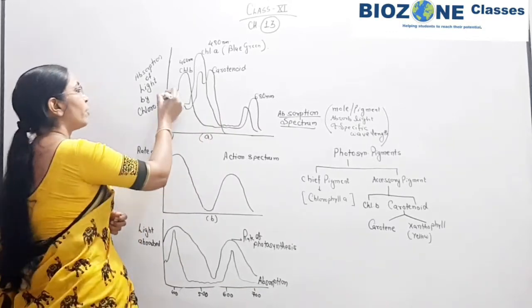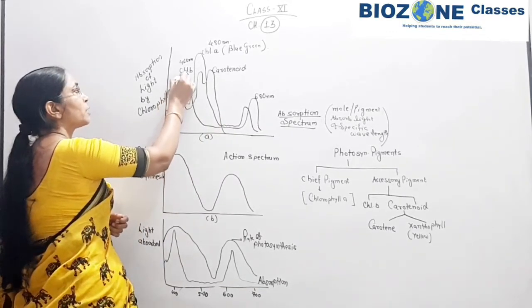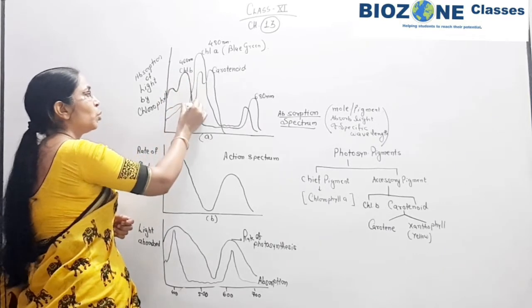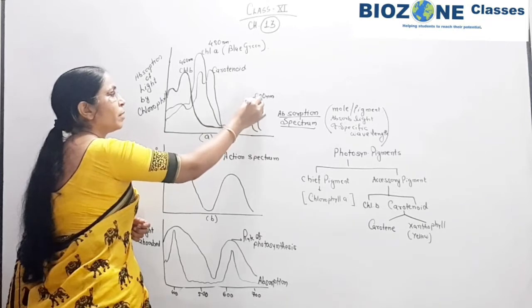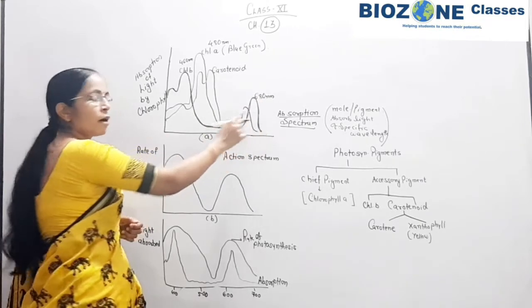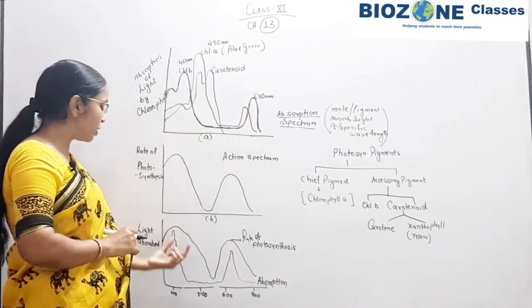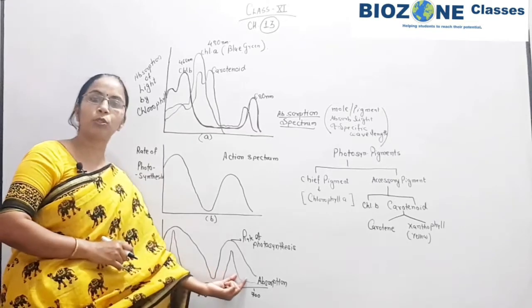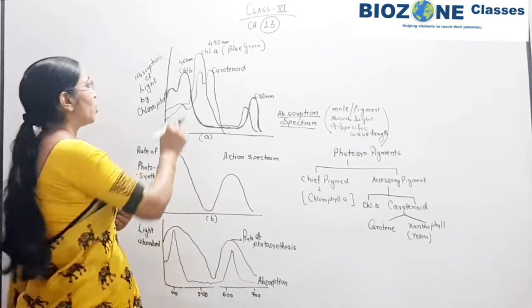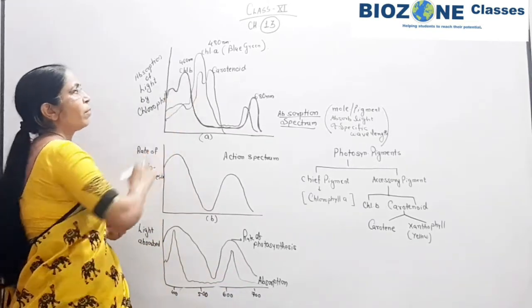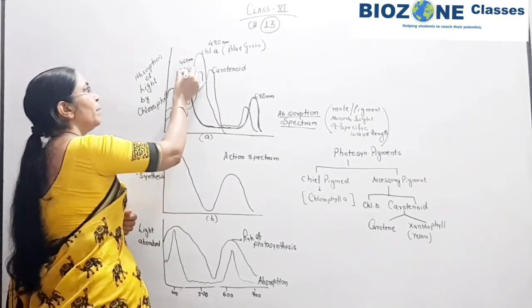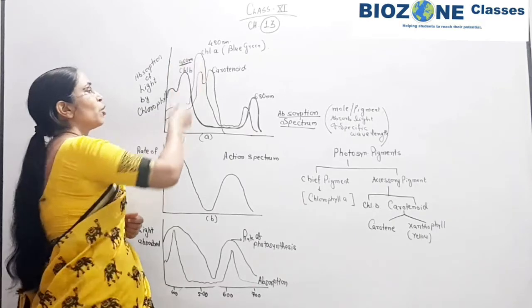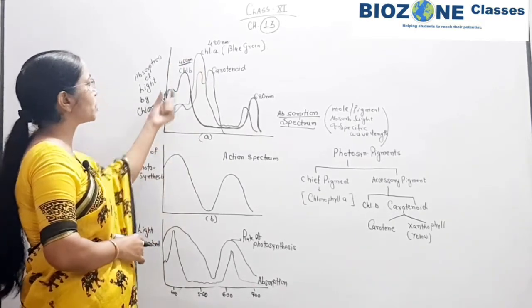One graph here you study is the graph where two peaks clearly appear, and these are the peaks which also appear in the C diagram. These peaks are for the chlorophyll B molecule, and chlorophyll B shows the absorption peak at 460 nanometer.